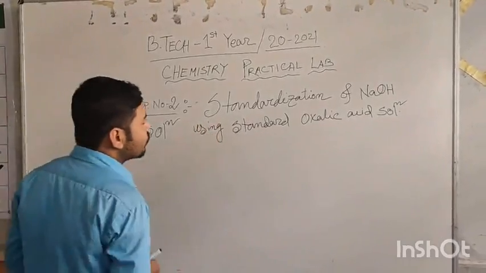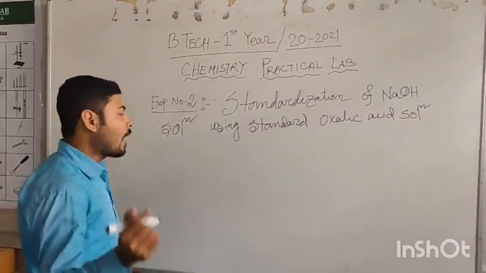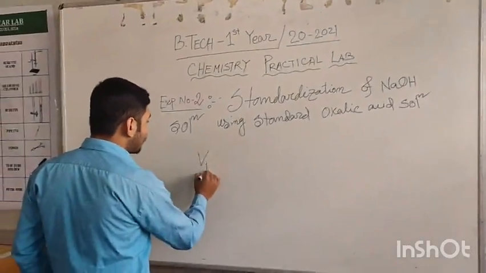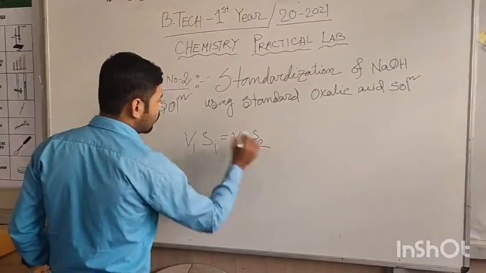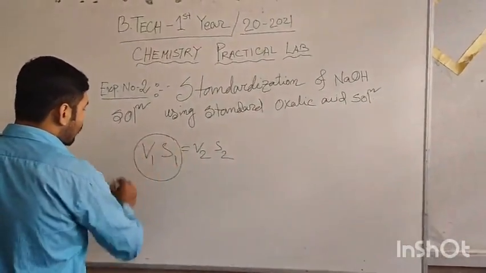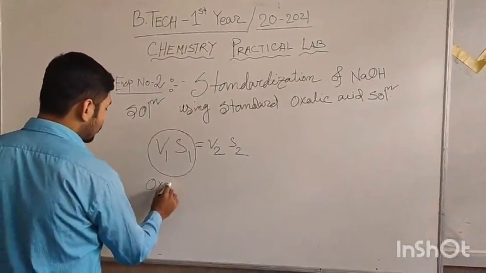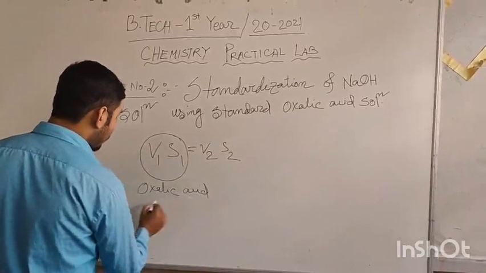In this case, we will use a basic formula you have already learned in your higher secondary, that is V1S1 equal to V2S2, right? This portion you can take for oxalic acid, which is your known part.